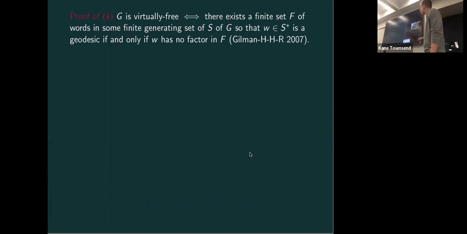The characterization is that there exists a finite set F of words in some finite generating set, so that a word is geodesic if and only if it has no factor in F. I've said the contrapositive there. So a word is geodesic if and only if W has no factor in this finite set. That's a result from Gilman, Hermiller, Holt, and Rees in 2007.